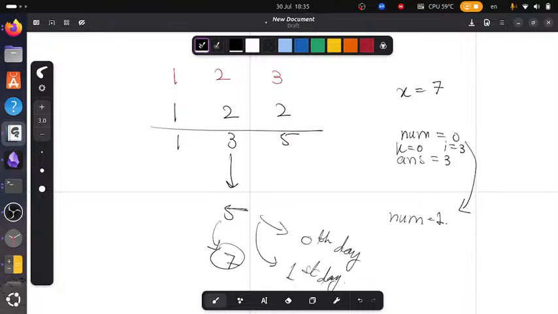This will also work. But this is going to... okay.